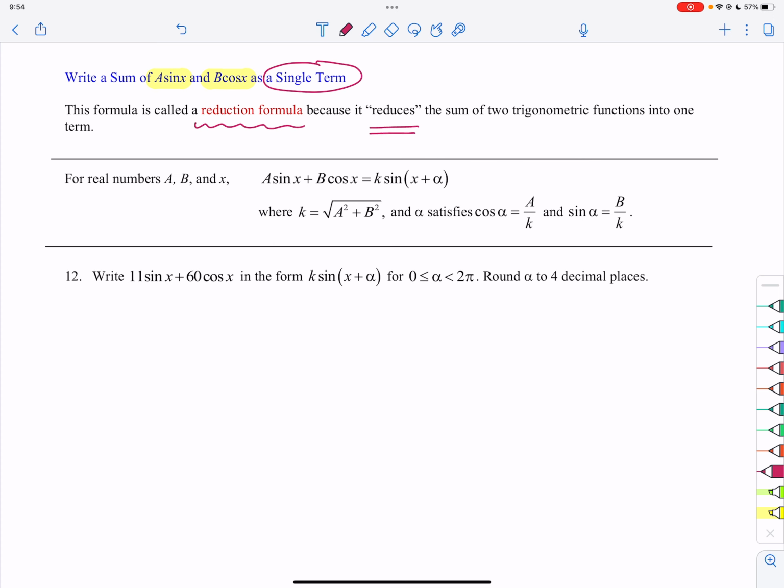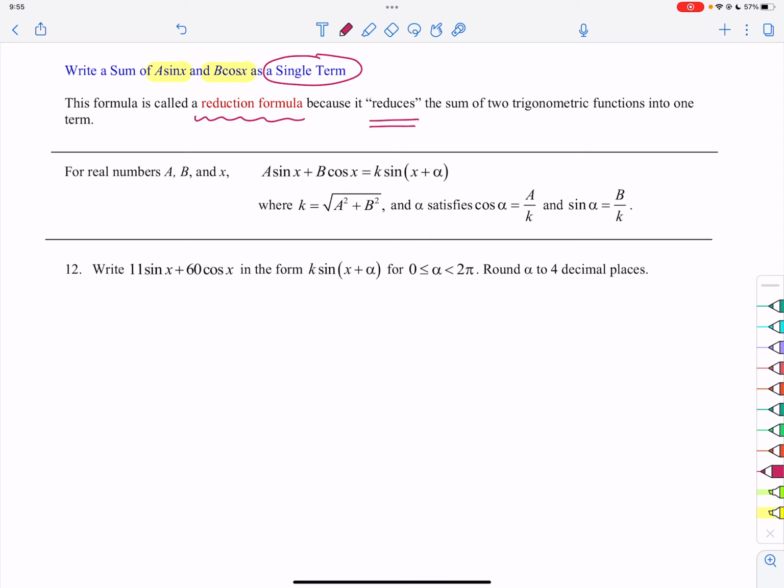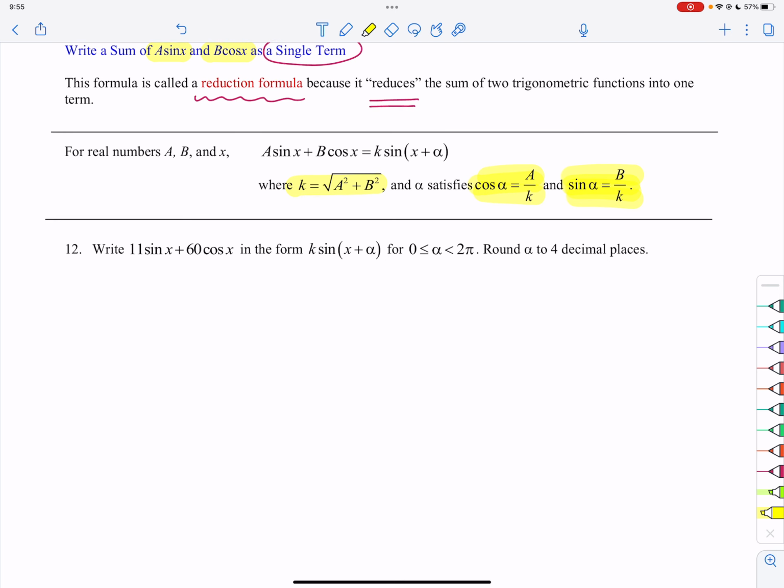So as you can see, for all real numbers a and b, if you have a sine of x plus b cosine of x, you will have some constant k times the sine of x plus alpha, okay? And now we have a formula for k, and we have where alpha satisfies both of these, okay?